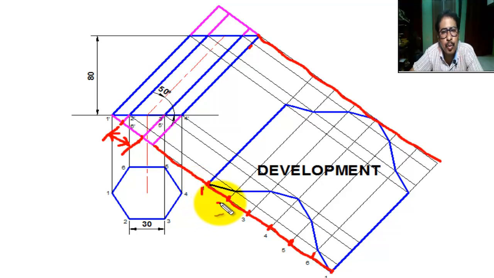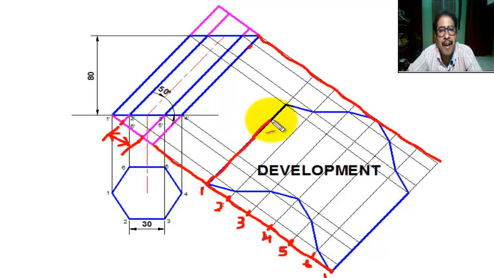We mark this 1, 2, 3, 4, 5, 6, again 1. Okay. Now from 1 point we draw a vertical line, vertical to this line.